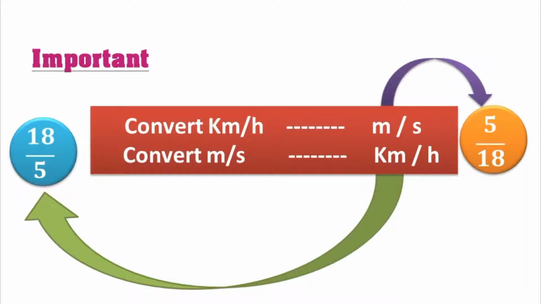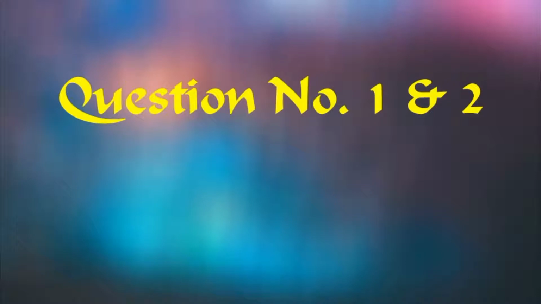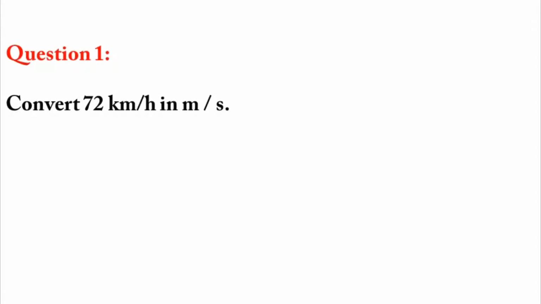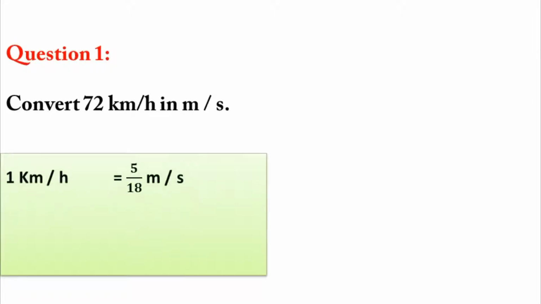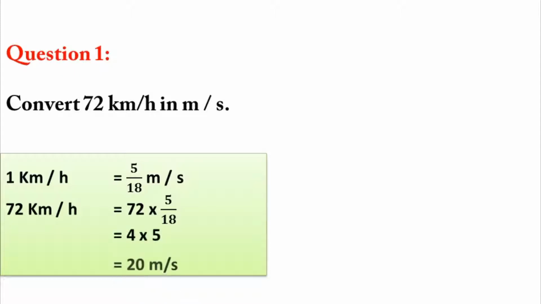For example, let us look at question number 1 and question number 2 of exercise 2A. Question number 1. Convert 72 km per hour into meter per second. As we have already studied, 1 km per hour is equal to 5 by 18 meter per second. So 72 km per hour is equal to 72 multiplied by 5 by 18, which is equal to 20 meter per second.